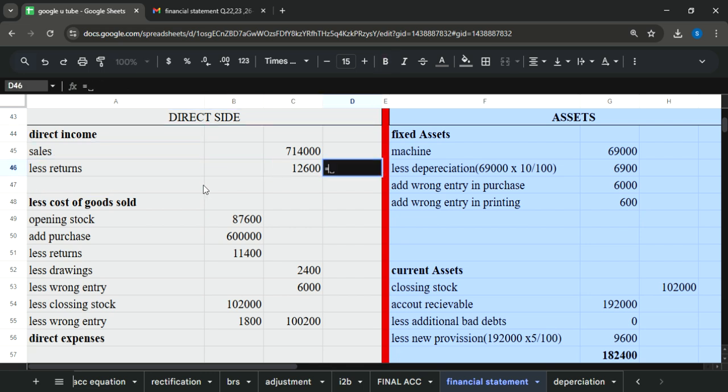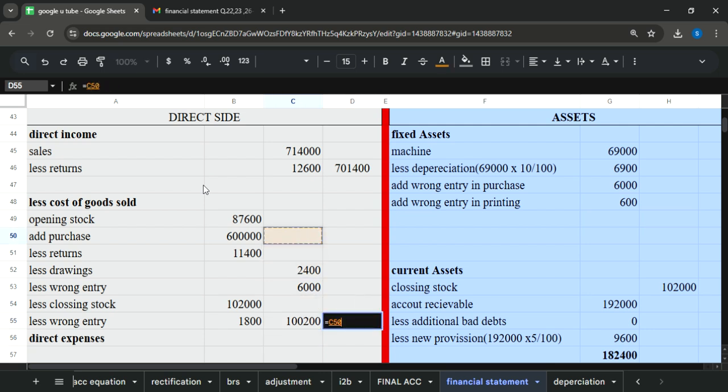First we will see net sales, which will come by subtracting return from gross sales. Now let's calculate the cost of goods sold part. Okay, this is a little complicated and we'll have to be very careful. So let's start.